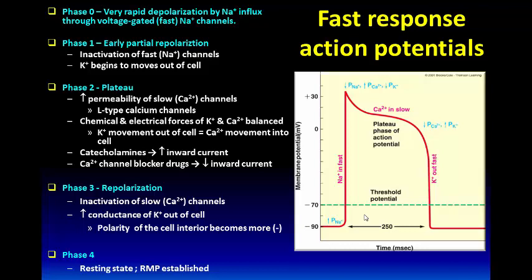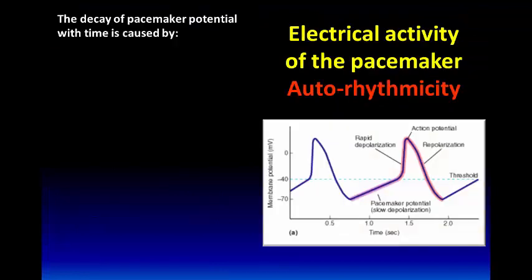And we mentioned that the sinoatrial node is capable of generating rhythmical electrical impulses, the cardiac impulses, independent of any extrinsic stimulation. And this is what we call autorhythmicity. So now we shall describe autorhythmicity in more details.